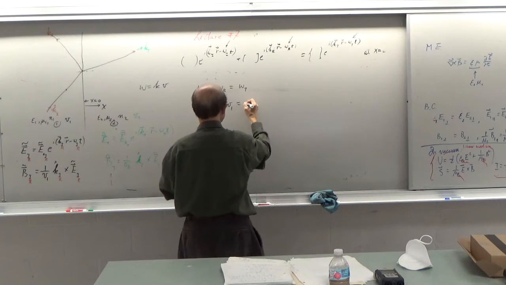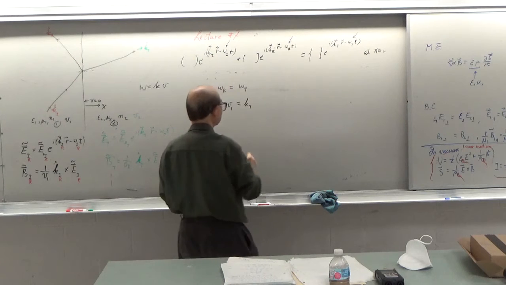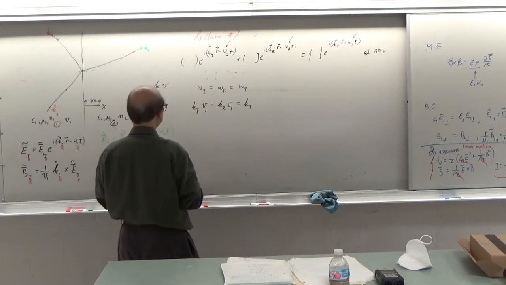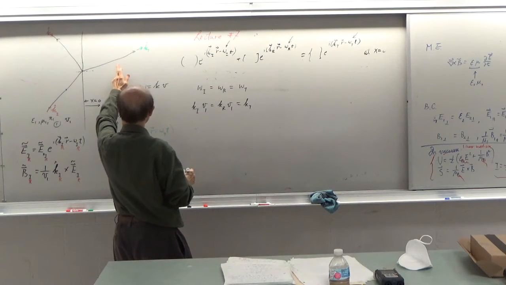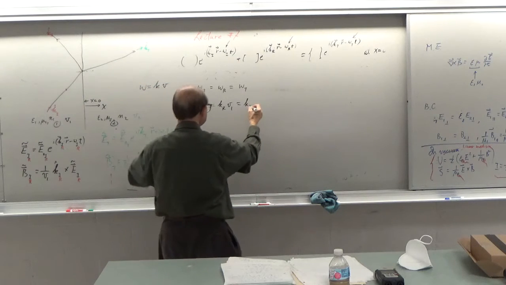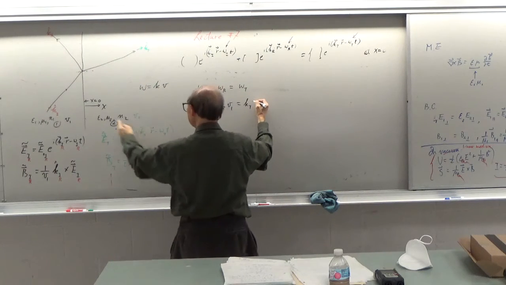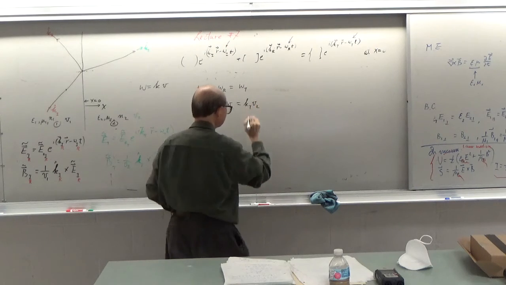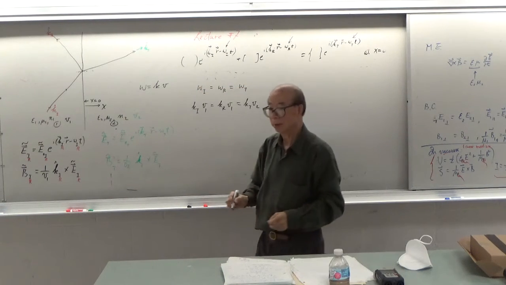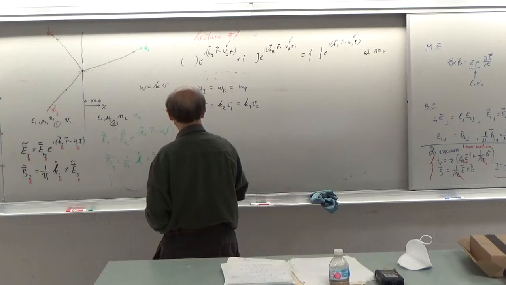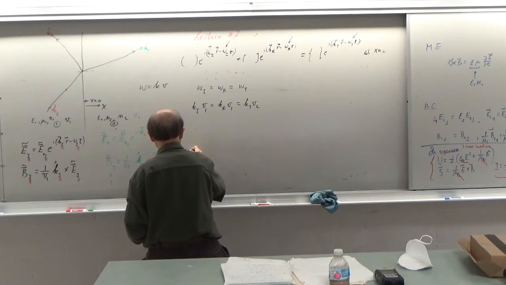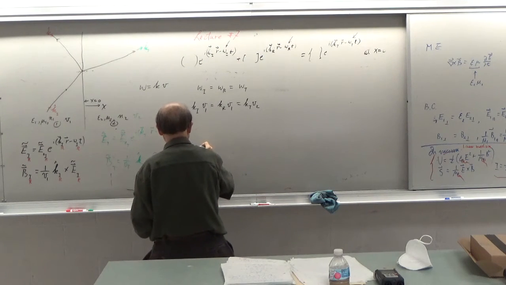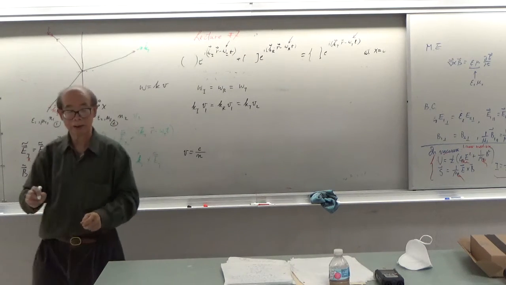That has to be equal to k_t for the transmitted wave times the speed of propagation, now in the second medium, so the speed is v2. And let's recall that v, the speed of propagation, is c divided by the index of refraction.